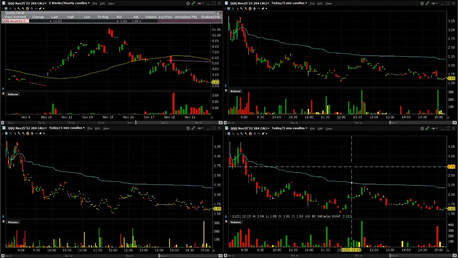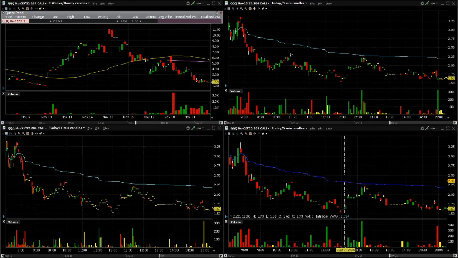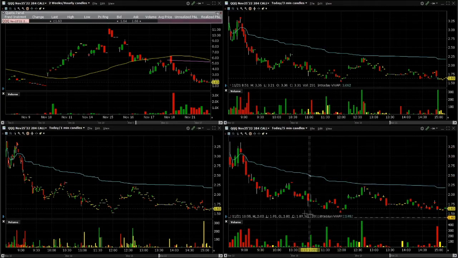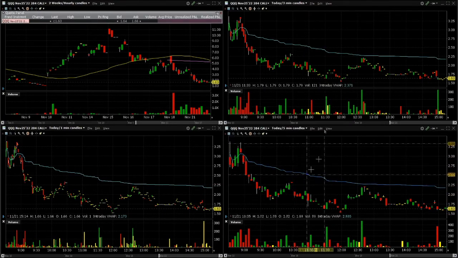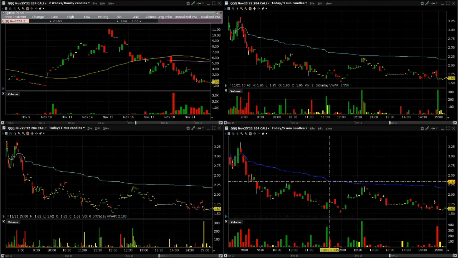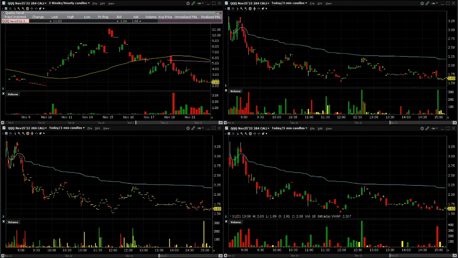So I'm going to be watching price activity relative to the day's VWAP and plan my entry and exit points accordingly. And so all these charts are at different intervals to see what the setup looks like in a 1-minute interval, 3-minute interval, and a 5-minute interval. So that's a very, very rough walkthrough of the setup.